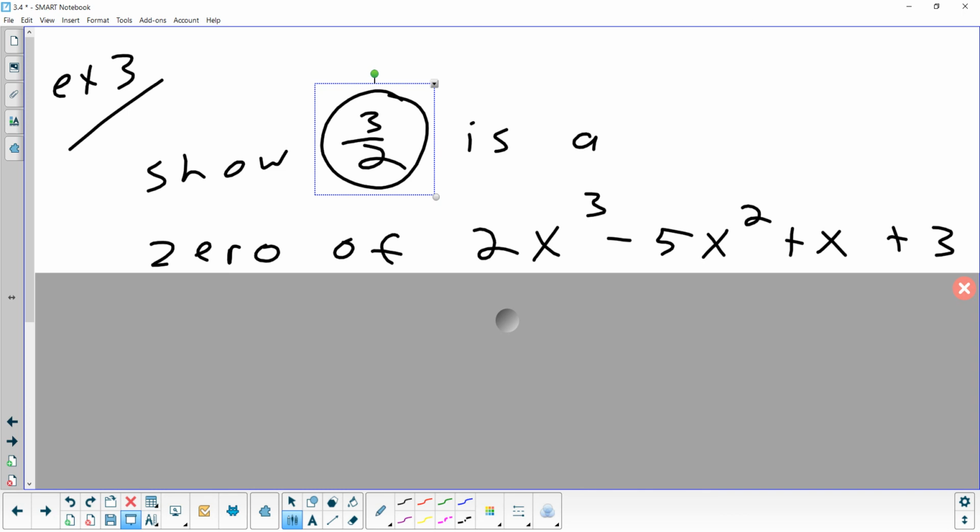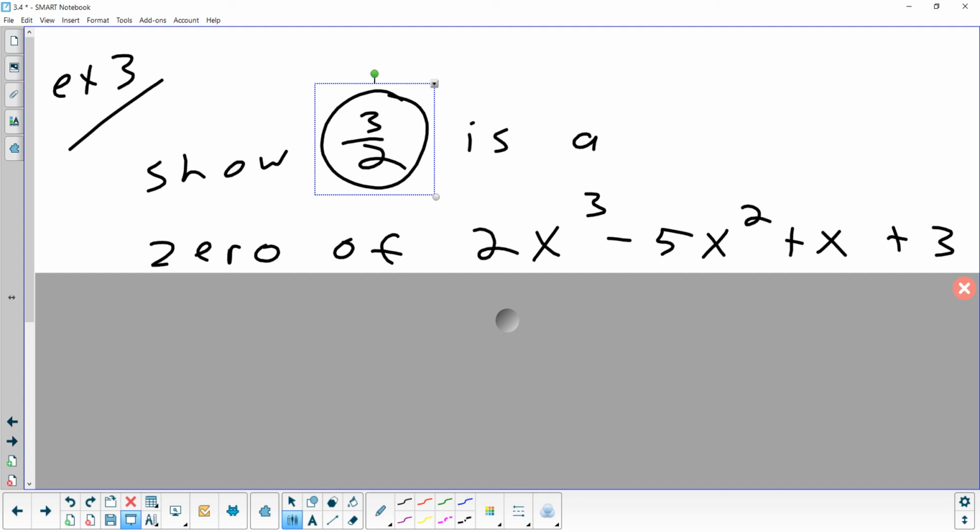So what's another way of saying 3/2 is a 0? We started to talk about a factor. What would be a factor? I was gonna say it's a solution. It is a solution to the equation f of x equals 0, but think about it as a factor. Like we did in one of the homework problems, I think at the end of class.